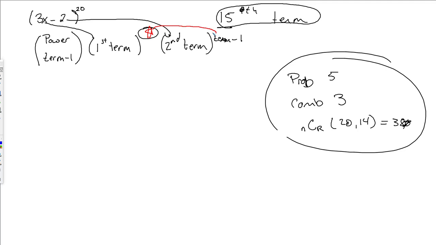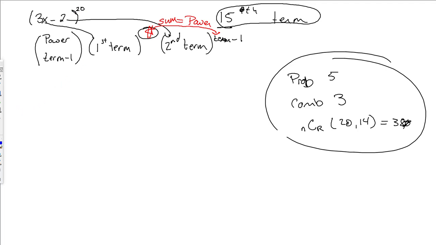What did these two exponents have to equal, the sum of those? The sum of these must equal the power. So if this was 5, this would have to be 15 to equal 20.